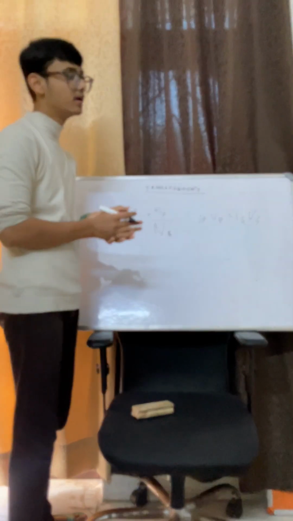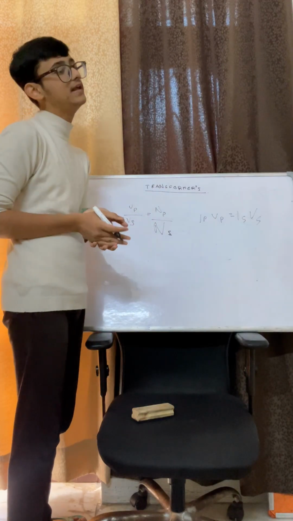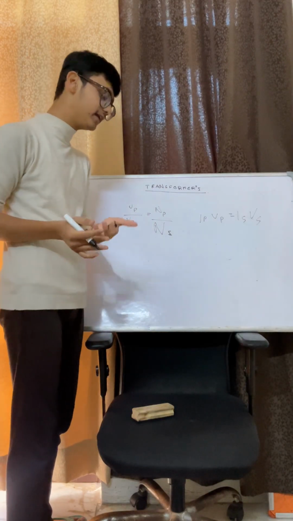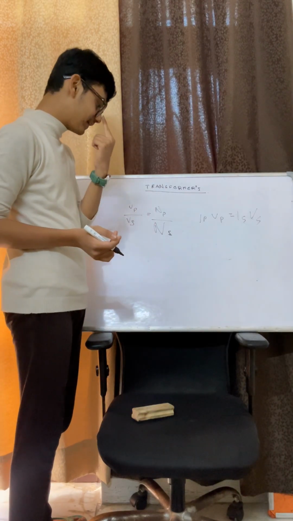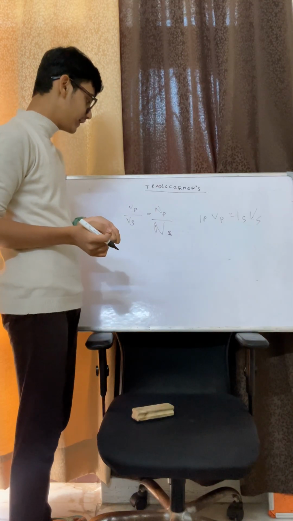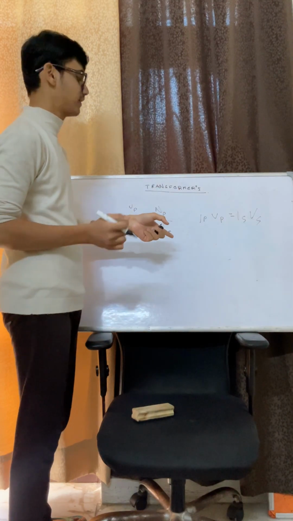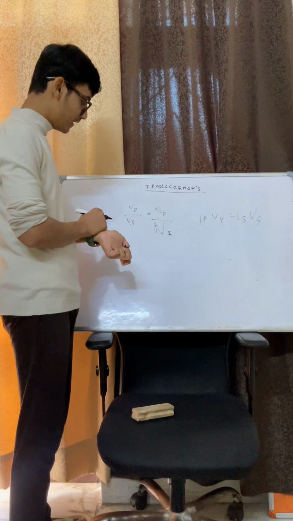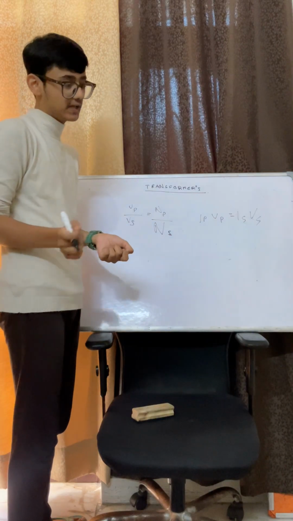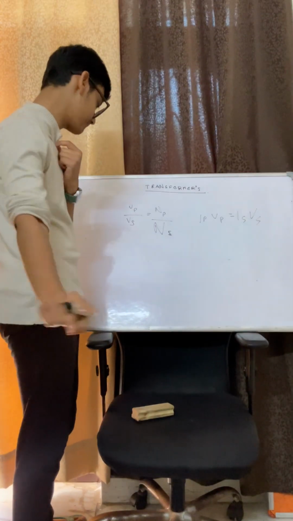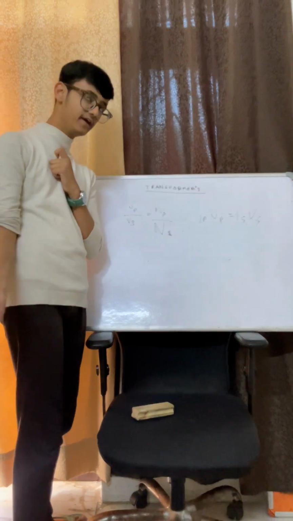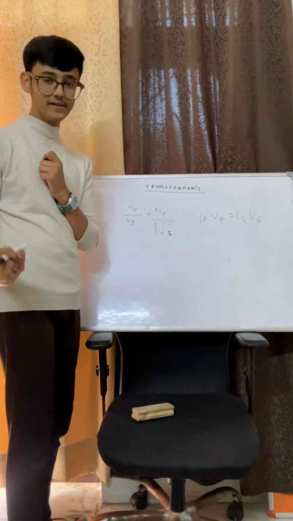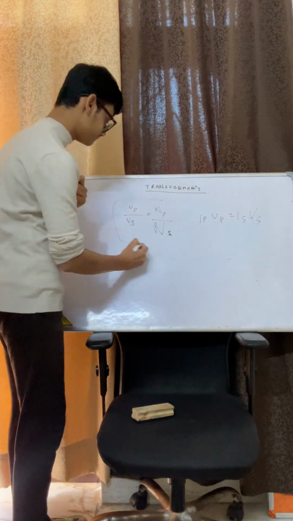Because there is a single coil, according to Faraday's law, I won't go into detail, it will induce an EMF, and if the coil is the same, the magnetic flux output and input are both the same. And because the ratio of induction of EMF in both the coils is the same, we have this formula.